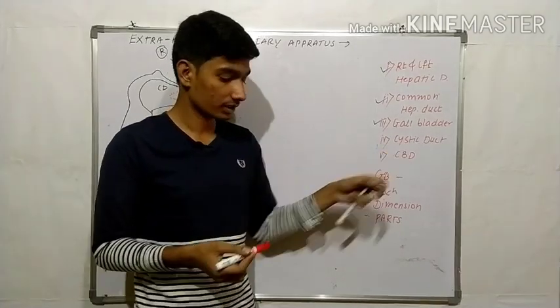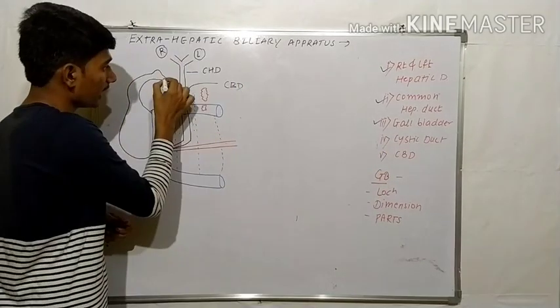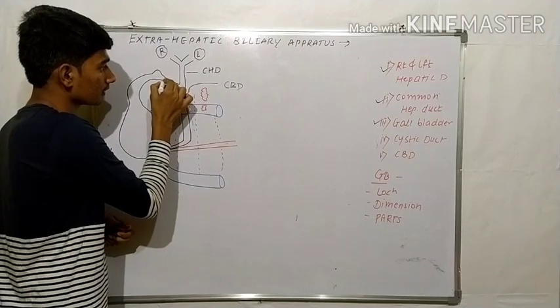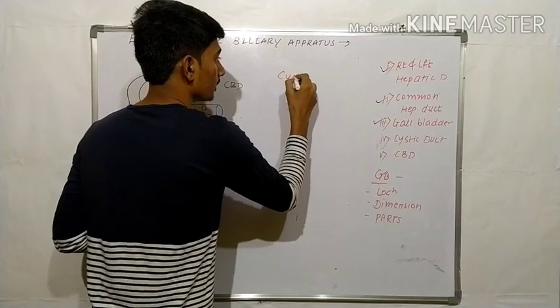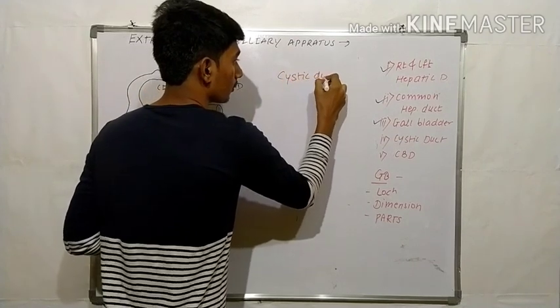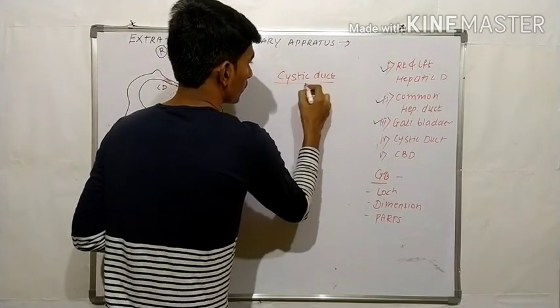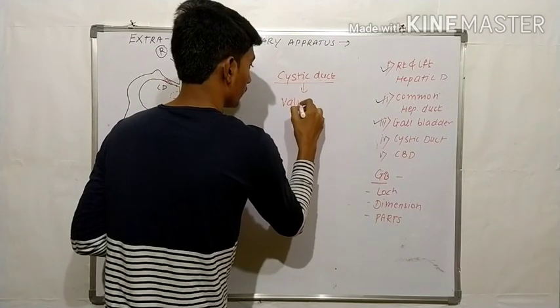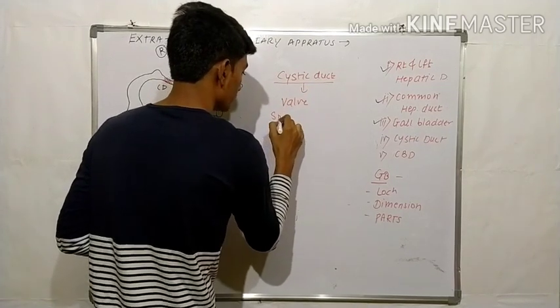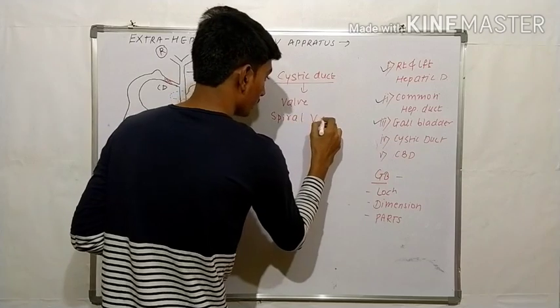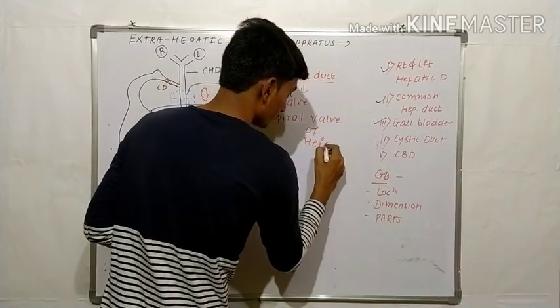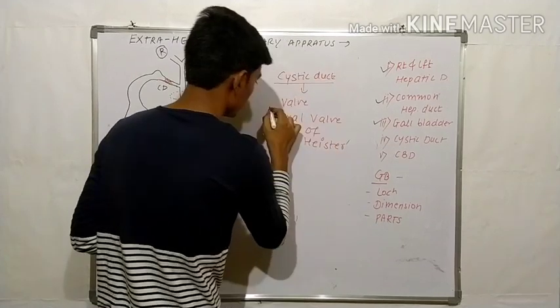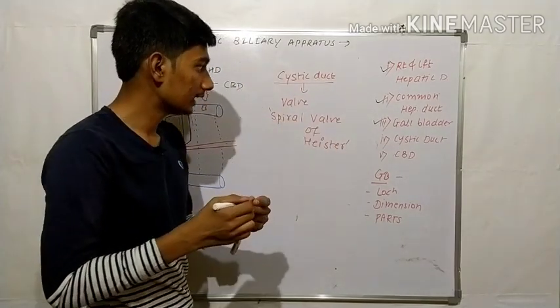This cystic duct has a valve, and this valve is known as the spiral valve of Heister.